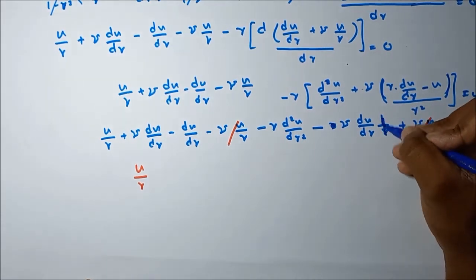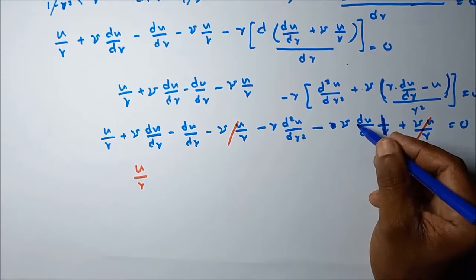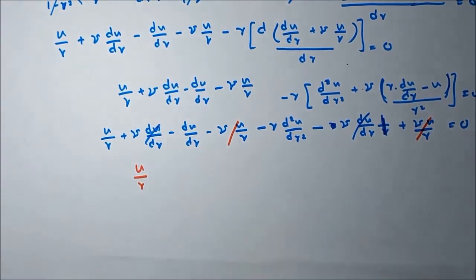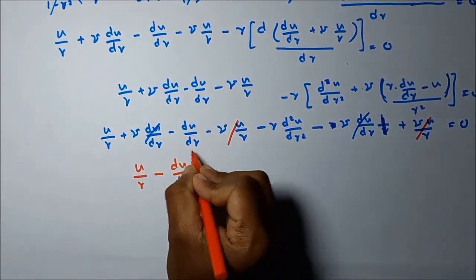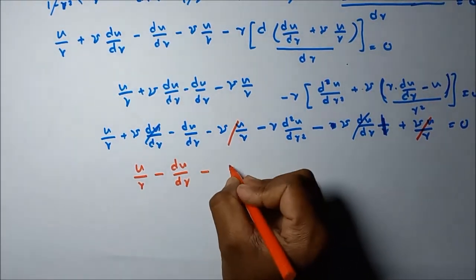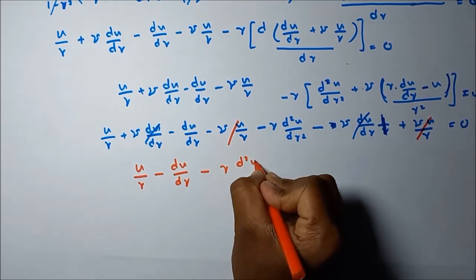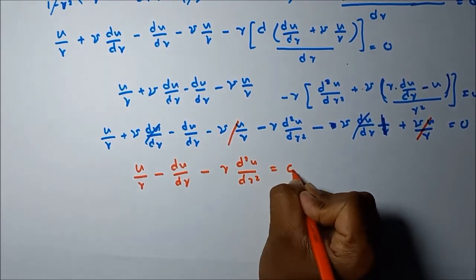R square, then this one is okay. This one not there. So then we can cut this one also, no? We can cut this one also. Then finally we are remaining this one. Minus du over dr minus r into d2u dr square is equal to 0.